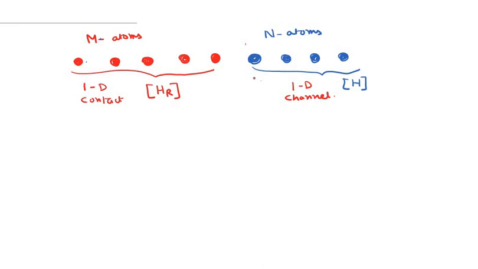Now this contact and the channel are joined with each other. So the wave function of this contact would basically spill inside the channel, and then the wave function from this channel would also basically spill inside this contact. So let us assume that this contact wave function is given by this parameter phi, or phi r, let us say.